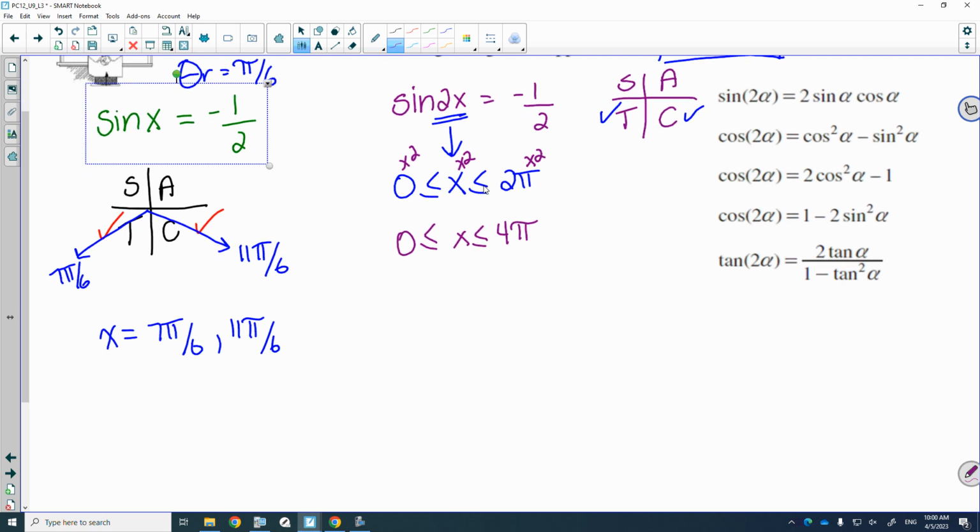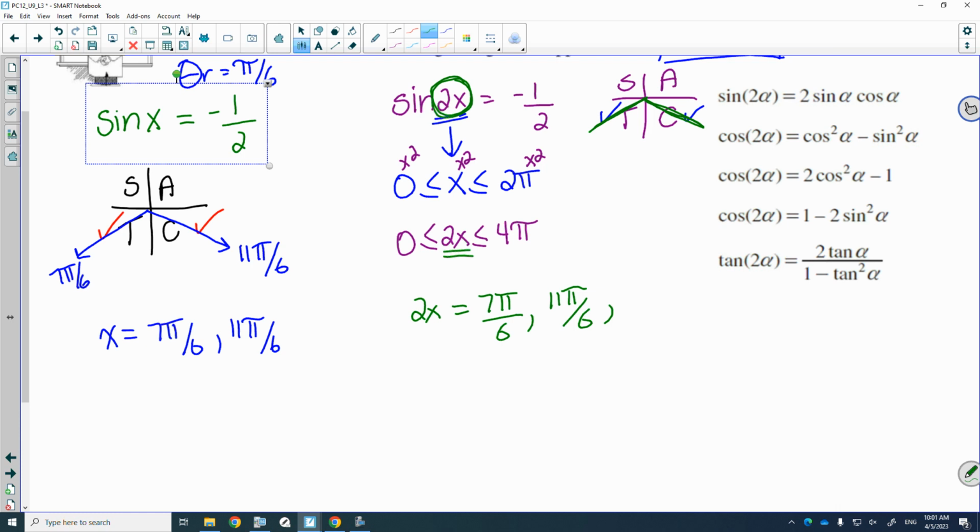Okay, so x, oh, sorry, there should be a 2x here. So now what I write is 2x is equal to, because I don't have x anymore, I've got 2x here. So 2x is equal to, this was one of our solutions, which was 7 pi over 6. This was a solution where y is negative 1/2, and that was 11 pi over 6.